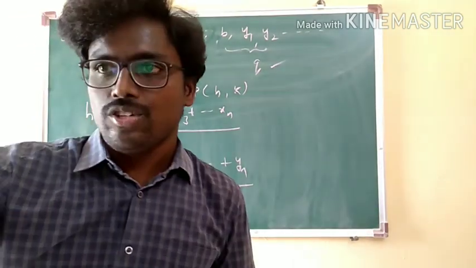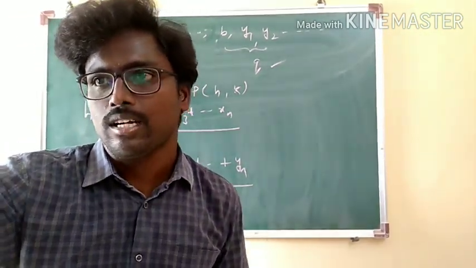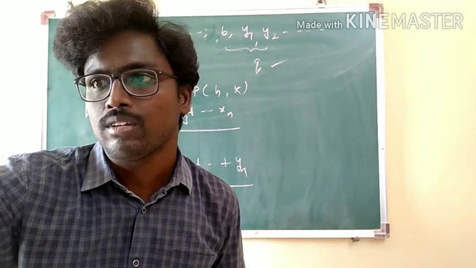We are given h equal to some expression and k equal to some expression, and we are supposed to calculate the locus of (h, k).